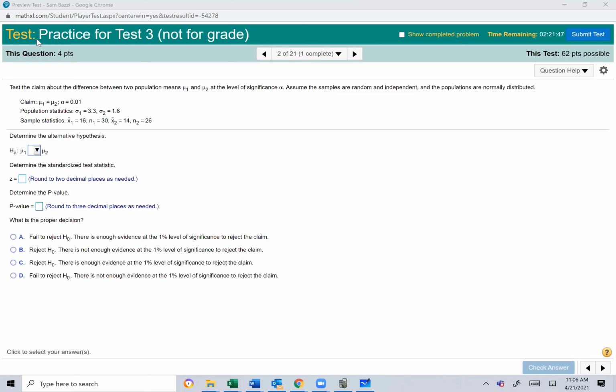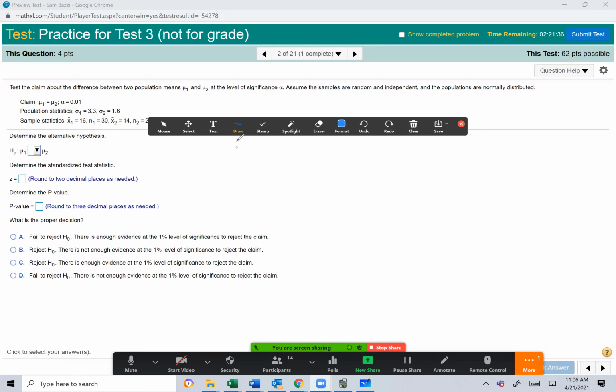I don't know why the screen is disappearing on me. Now it's working. So it will be a 2-sample z-test. And if you ask me why again, this is your chance to refresh your knowledge.